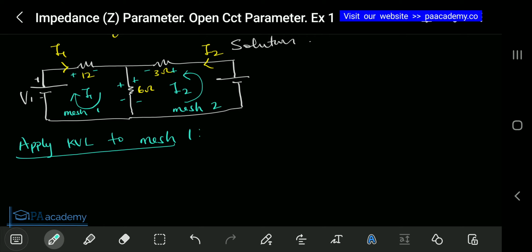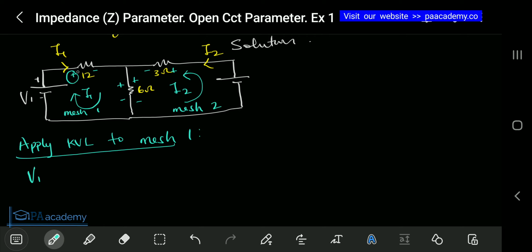Exactly. So if you don't really understand mesh analysis, you can just follow along. I believe you get the concept, or you can check the playlist. Exactly, I've done a video explaining mesh analysis. So in doing this, if you go in this direction like this, our V1 will be positive, from negative to positive, so that will be V1.